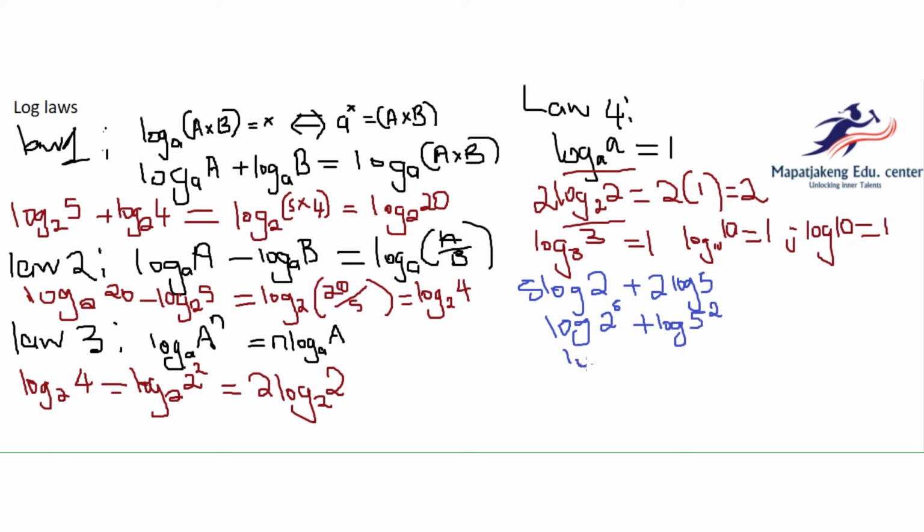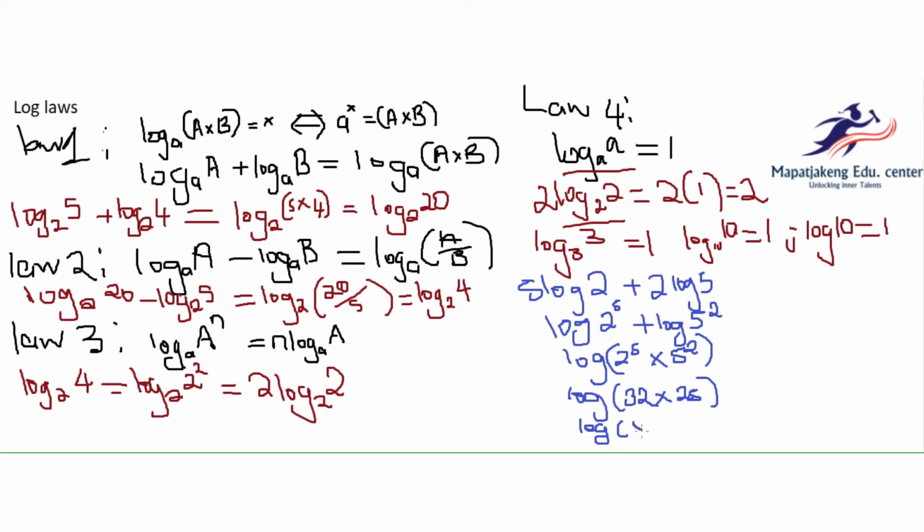Then as a single log, because it's plus, it takes us to the first law. We can write it as log of 2 to the exponent 5 times 5 to the exponent 2. Then as a single log, this becomes 32 times 5 squared, which is 25.